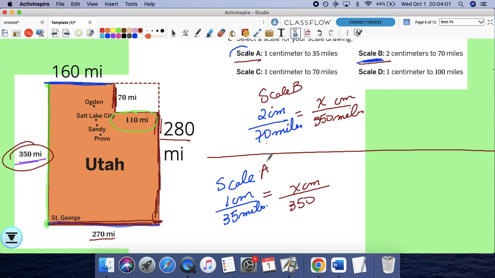We already know that these two scales are exactly the same, but is there any difference as to if you choose one over the other? Well, let's cross multiply. If I cross multiply here, I get 2 times 350, which is 700, and then I get x times 7, which is 7x.